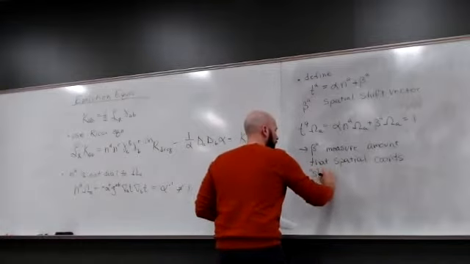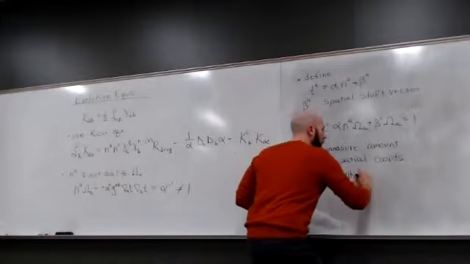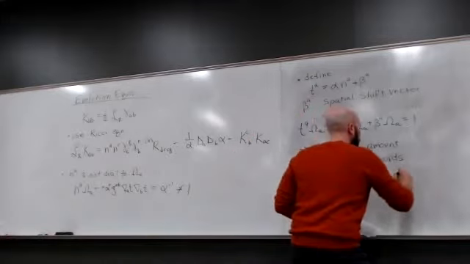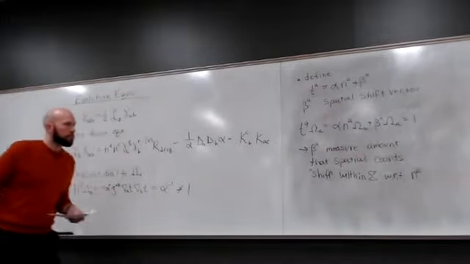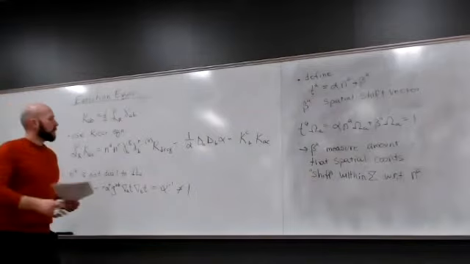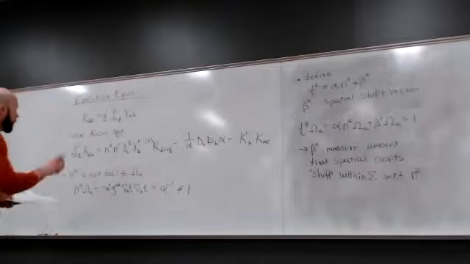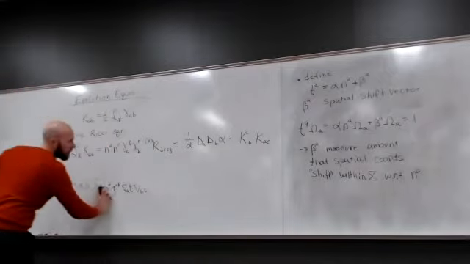I put this in quotes because that's the name of the vector. Shift within sigma, our spatial slice, with respect to the normal vector n^a. Okay? I think it's much easier with a picture. I know I'm going to need that again, so I'm going to try not to erase it. Let's draw a picture.